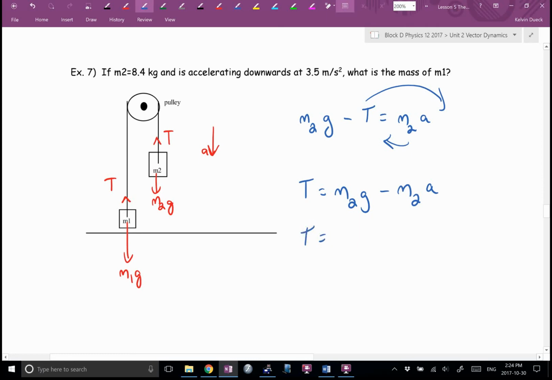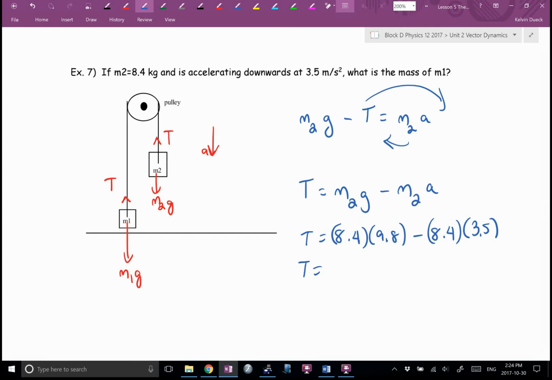Tension is going to be 8.4 times 9.8, take away 8.4 times 3.5. So my strategy is this: give me both masses, I'll use both masses to find total acceleration, then I'll go look at individual masses.